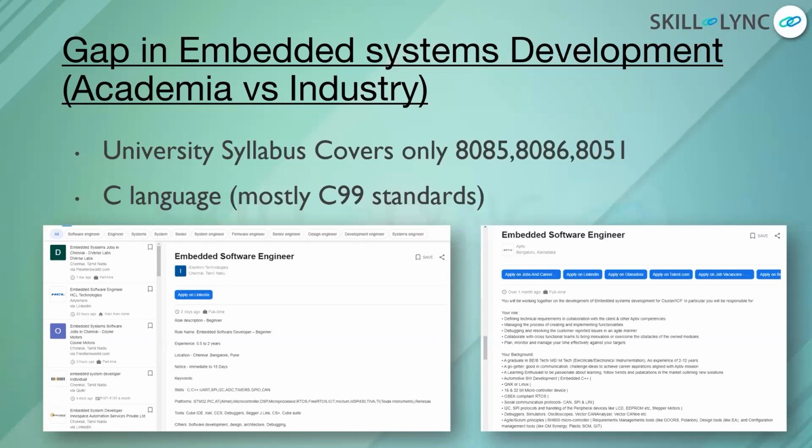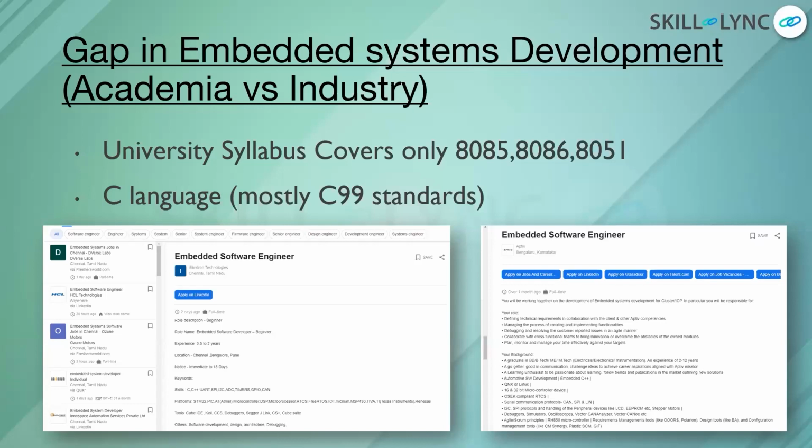And very few universities across India, especially, cover even how to write an embedded C program and how to develop your own firmware for a typical 8051 controller. Even that's not covered properly. That's not included in academia as a benchmark.